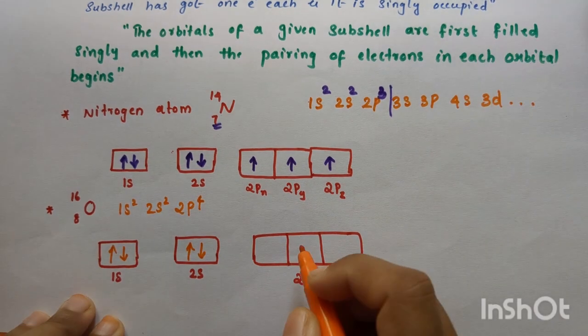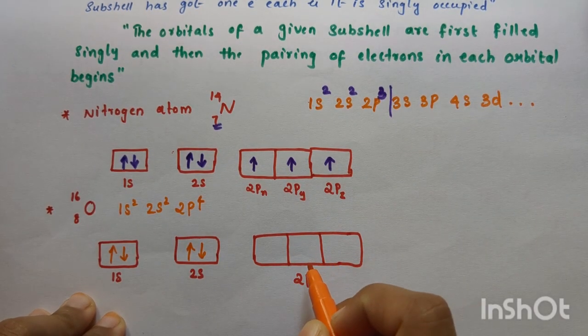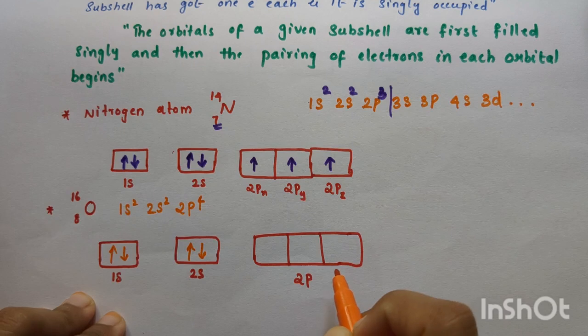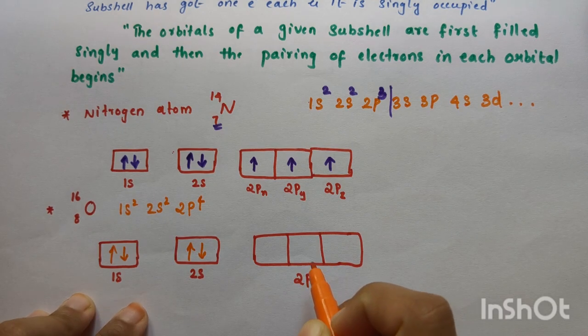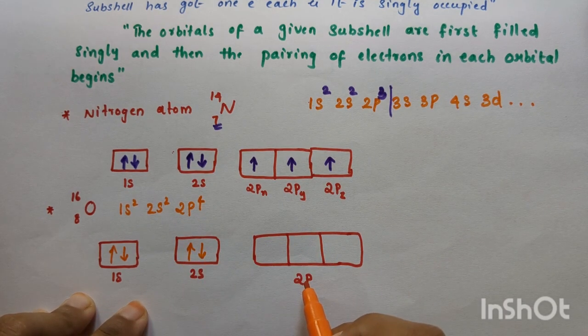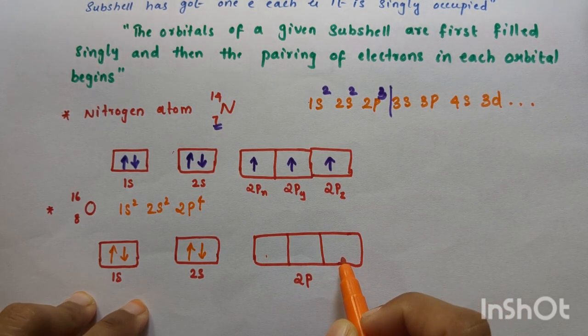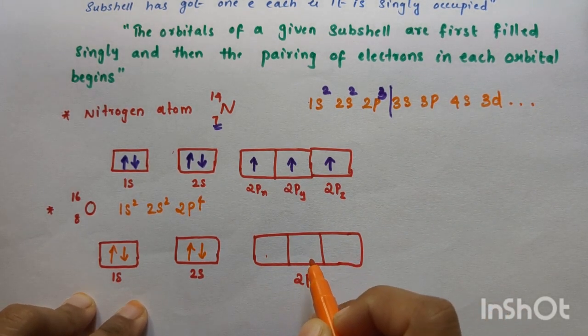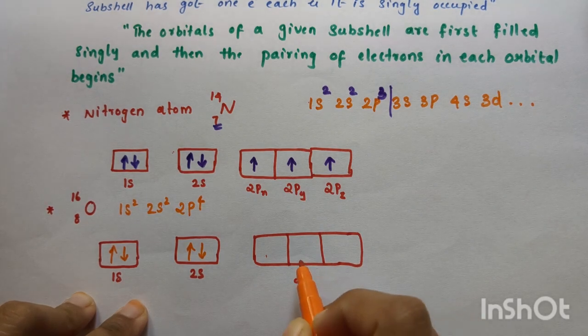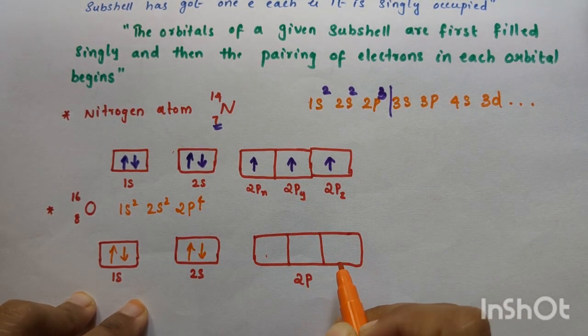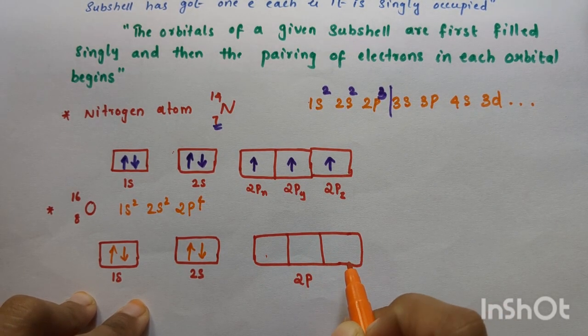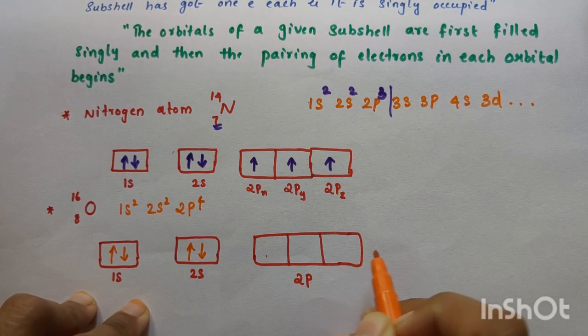Okay. So you see the p subshell or p orbital can accommodate a maximum of 6 electrons. Here we have 4 electrons. See, all 3 orbitals px, py and pz have the same energy. So according to Hund's rule, when electrons have a choice of orbitals with the same energy, they will occupy the orbitals singly. That is 1 electron per orbital before pairing up.